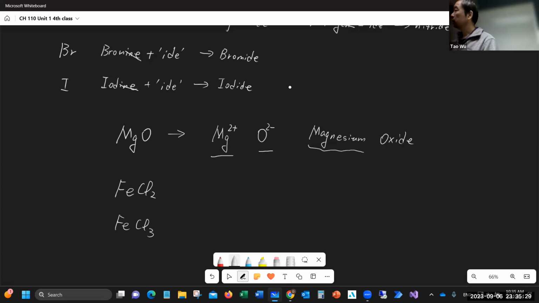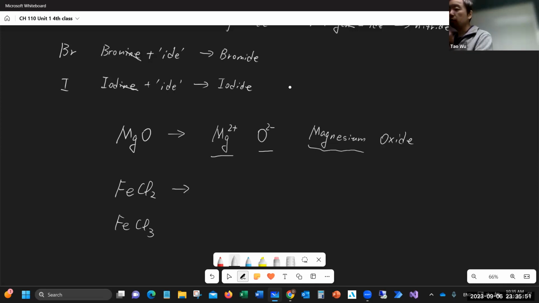For this one, first you need to see, okay, I know this is iron, but what is the charge for this ion? Before you name it, you need to make sure what the charge is for those cations, because some of them could have multiple. Iron definitely has different kinds of ions.